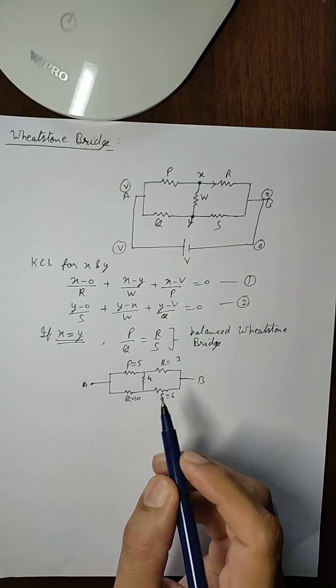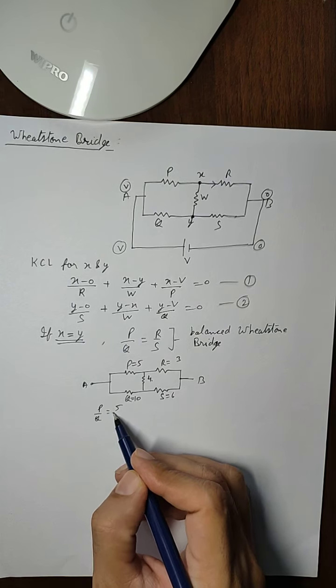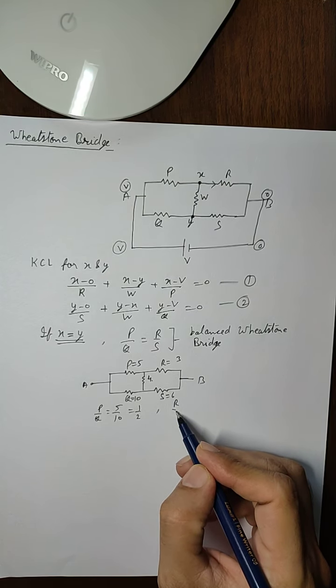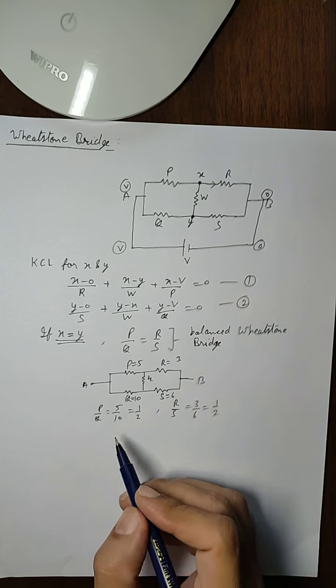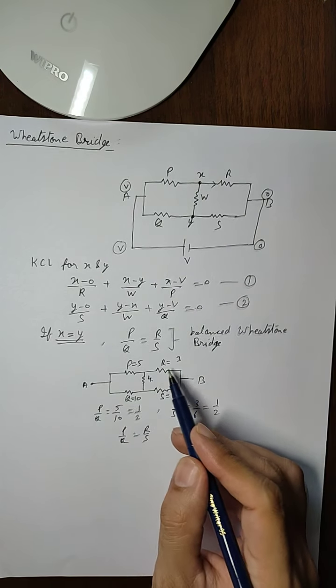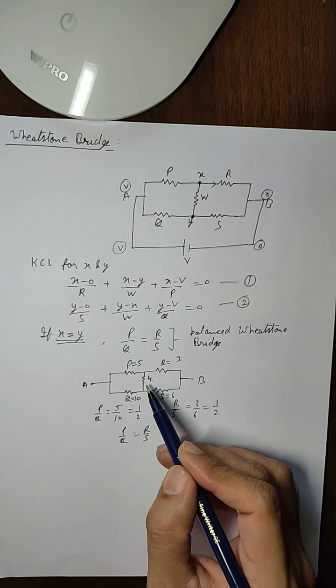As we can see here, the ratio of P by Q is 5 by 10, that is 1 by 2, and similarly the ratio of R by S is 3 by 6, which is again 1 by 2. Since P by Q equals R by S, this bridge is balanced and there will be no current flowing through the 4 ohm branch.